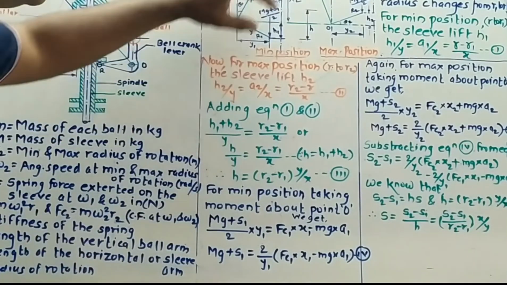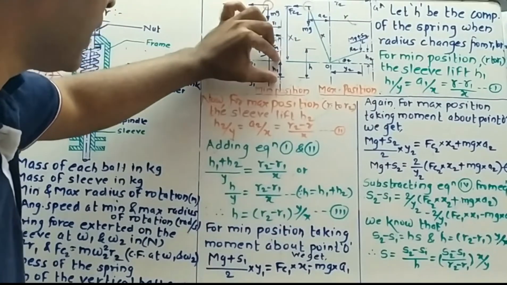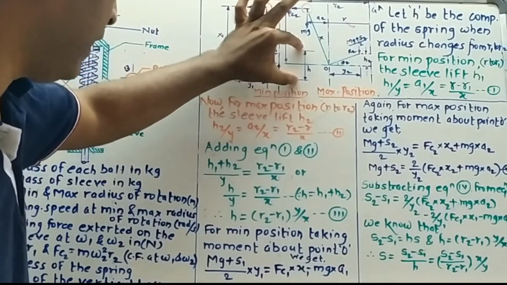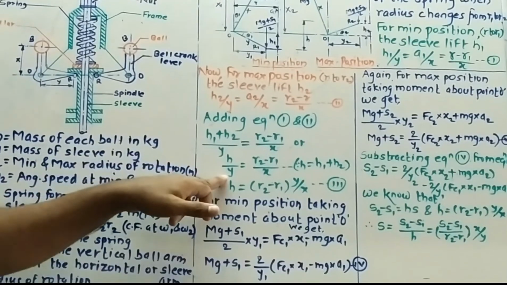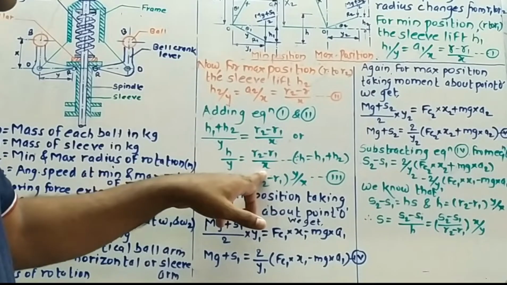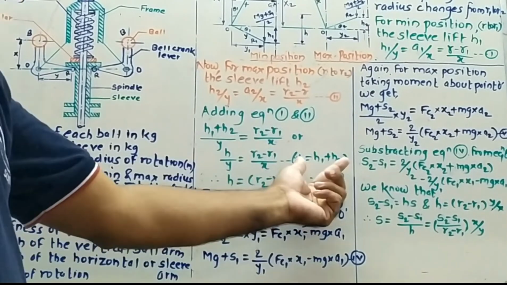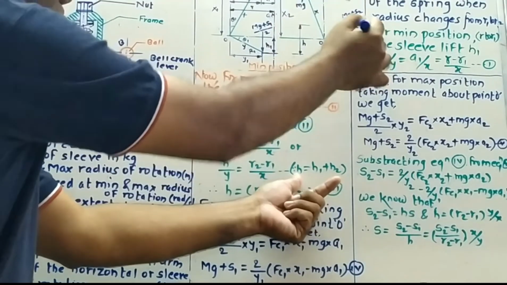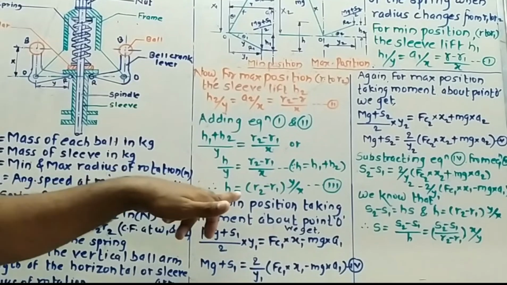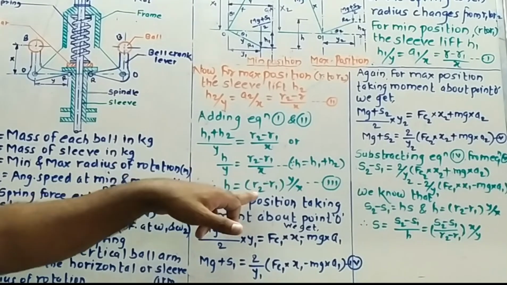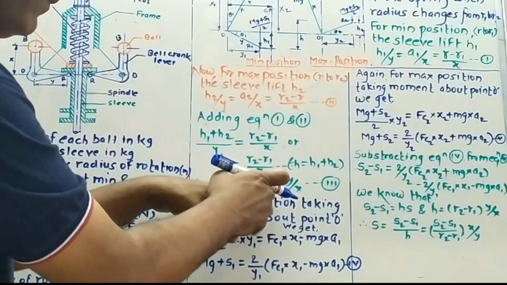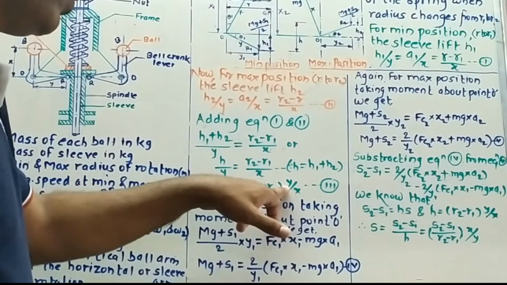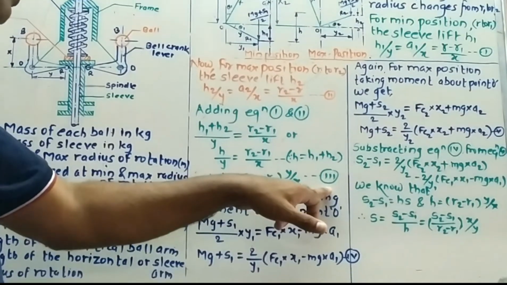We know h1 plus h2 is nothing but h. So h divided by y equals (R2 minus R1) divided by x, as already discussed, h being h1 plus h2. In the next step we get h equals (R2 minus R1) into y divided by x. You can get relation number 3.